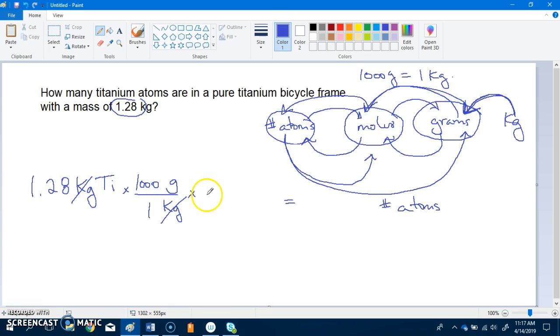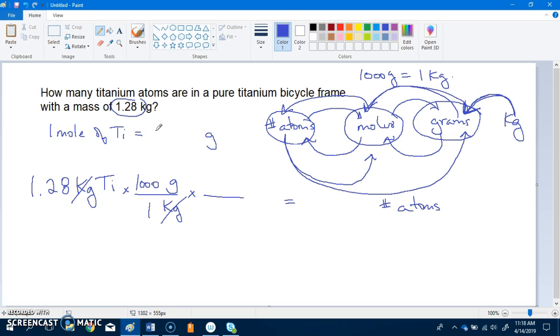Next, I'm going to go from grams to moles. So I'm going to do the conversion of grams to moles, and I know that 1 mole of titanium has the molar mass of, and now I just have to look that up. I looked that up on my periodic table.